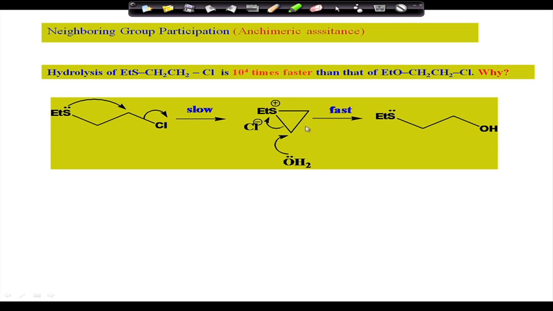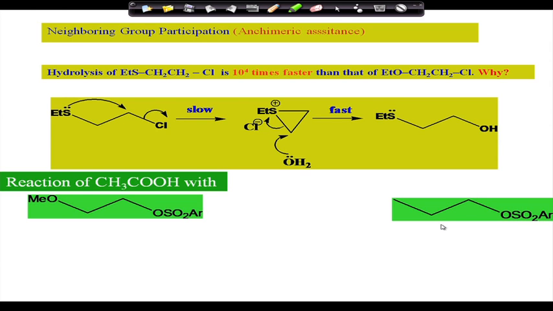So, now the actual nucleophile, if it is water, attacks one of these carbons, these two are identical, and then this breaks. So, it can attack here or there, these two bonds are identical. If it attacks here, then this breaks and the product is ultimately OH. So, it is not a direct displacement of chlorine by OH, but rather an assisted replacement. This is called neighboring group participation or anchimeric assistance.